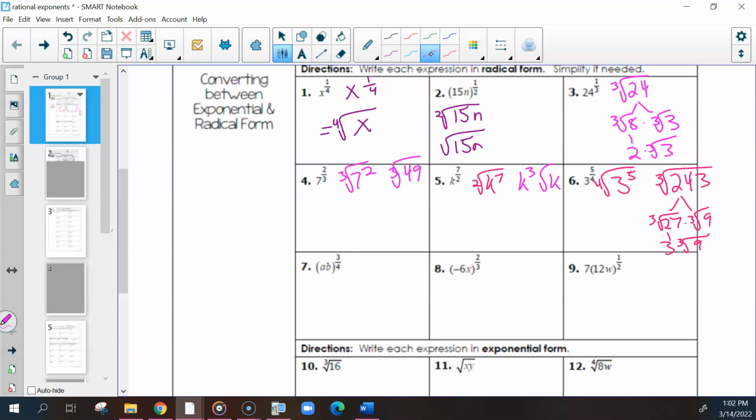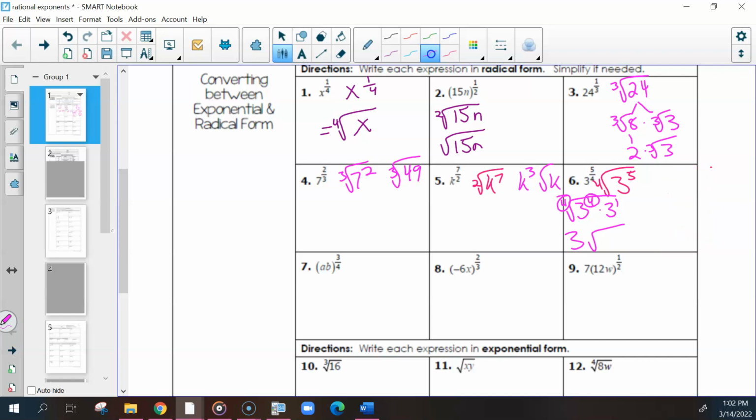The other way we could have done this is the fourth root of 3 to the 5th is the same thing as 3 to the 4th times 3 to the 1st, because of our exponent rules. Well, 3 to the 4th, 4 goes into 4 once, so that would get brought out. Oh, I may have completely just messed this up.